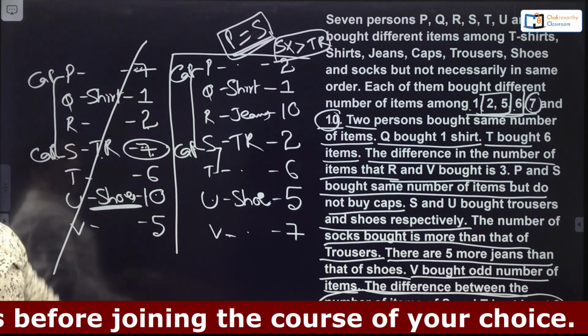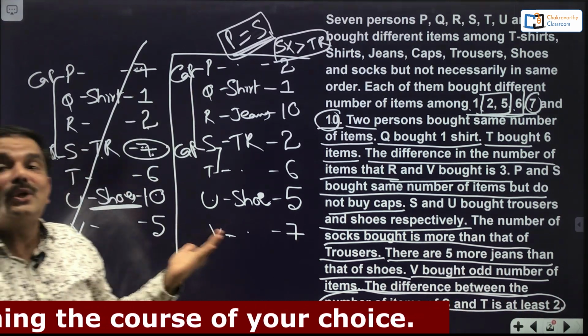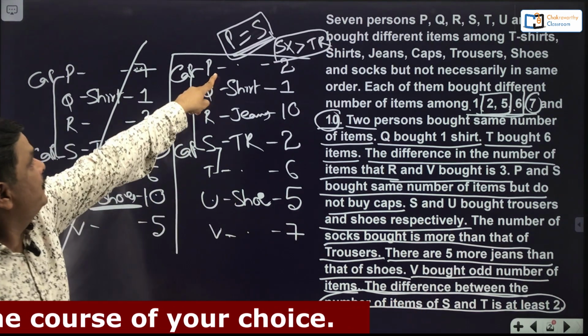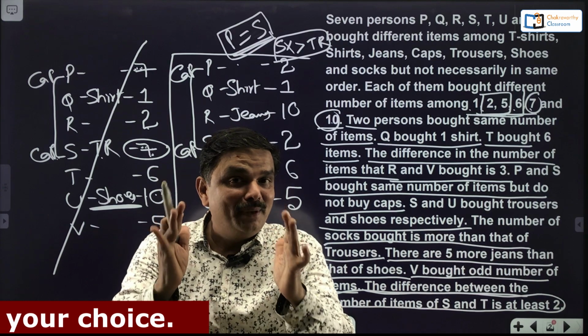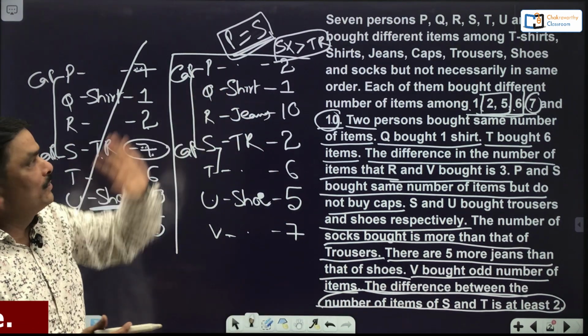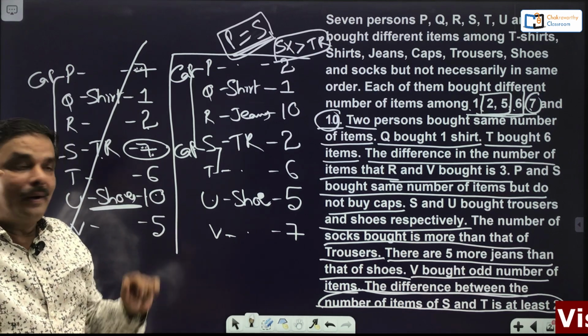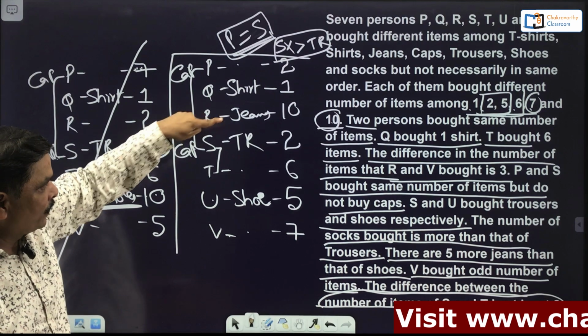Negative side you see cap. Cap cannot be here. Then where shall I keep cap? Now this place is not suitable for socks and cap. Go by the elimination process. Here socks is not possible. Cap is not possible. 2 items are over. Next, shirt is not possible, already accommodated. Jeans is not possible.